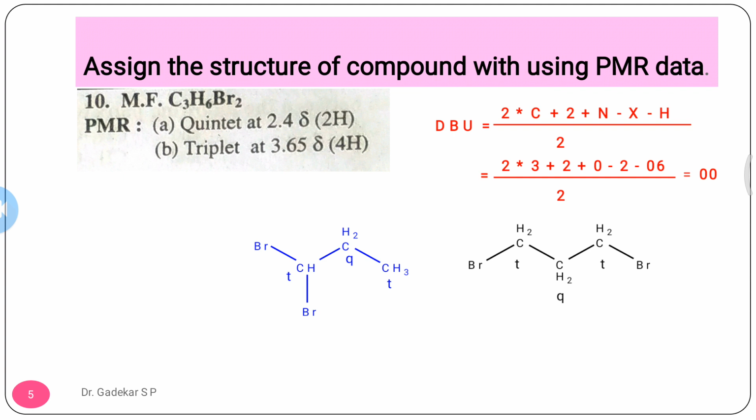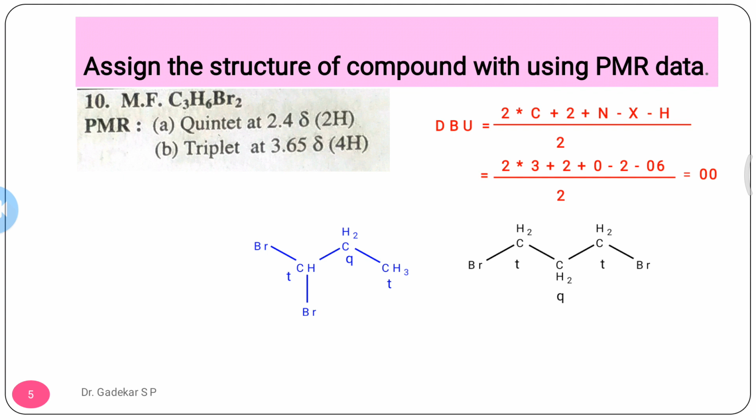What is the double bond unsaturation in this formula? C3H6Br2. Put the values: 2 into carbon, 3, plus 2, plus nitrogen, there is 0, minus halogen, here 2 for Br2, minus protons 6, divided by 2, is equal to 0.